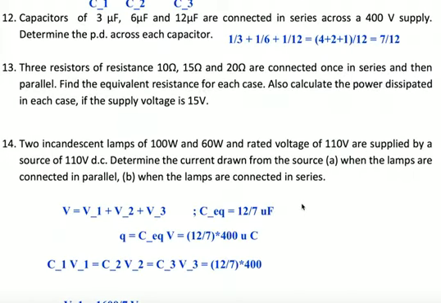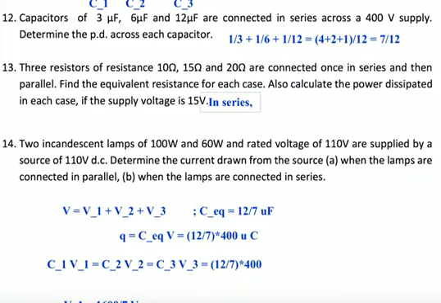Let's see the 13th problem. Three resistors are connected in series and then in parallel. Find the equivalent resistance for each case. Also calculate the power dissipated in each case. When they are connected in series, what is the equivalent resistance? R equivalent in series. You have to mention the case.